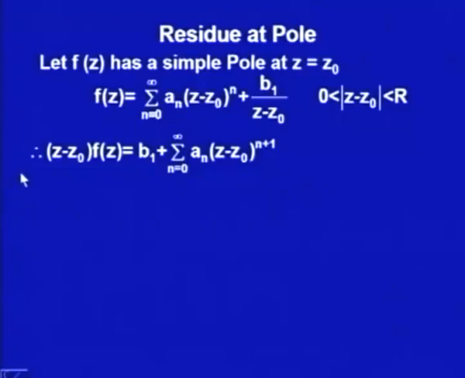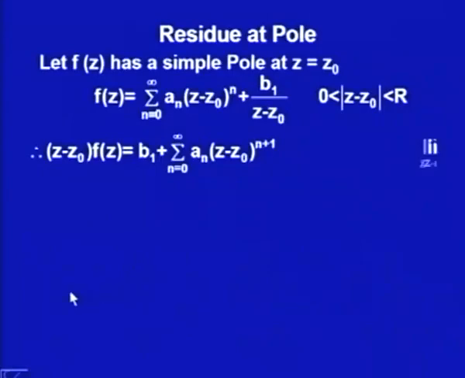Now, if I take the limit as z is approaching z naught, then z minus z naught will approach 0. All these terms will go to 0, and what I would be left with is only b1, that is the residue.